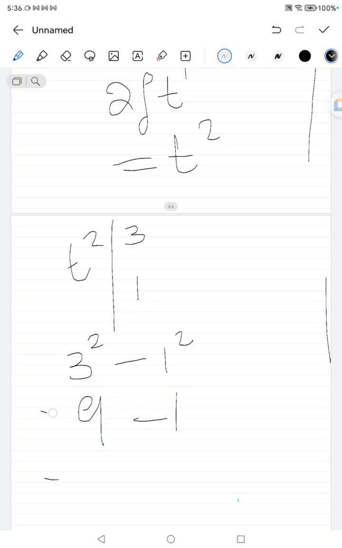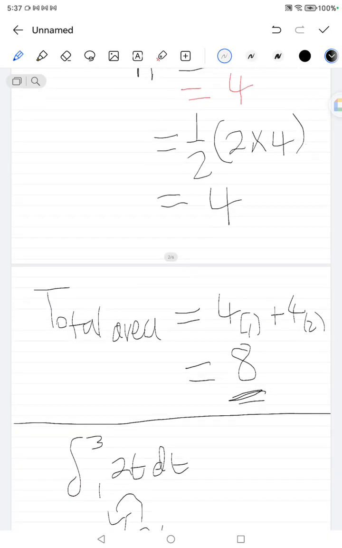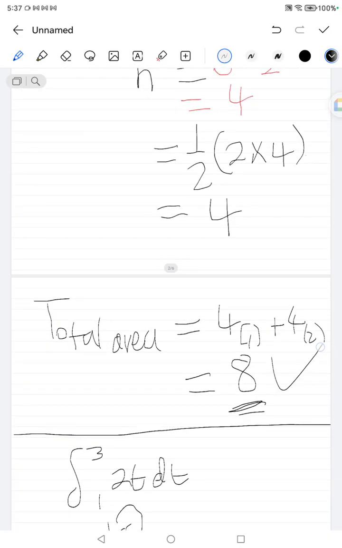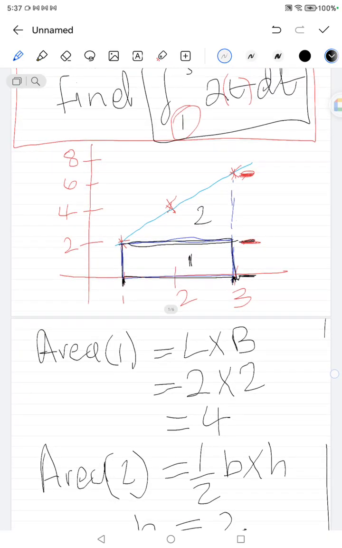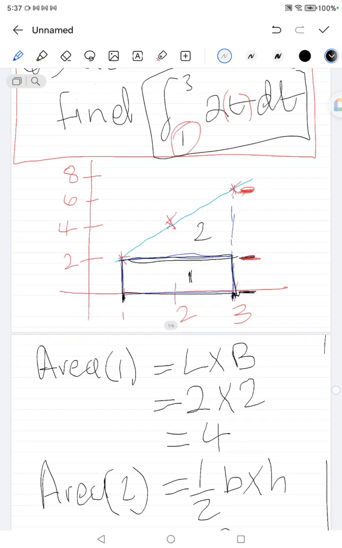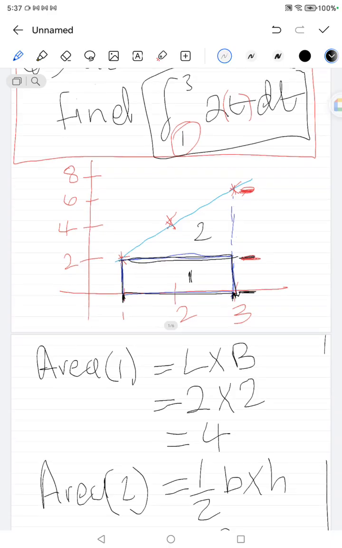Then you still get to the same answer, that it's your 8. So we got the 8 this side, and when we were using the method where we had to do the shapes, you also get 8. So whatever method you feel comfortable with, you can use it. Or even if you're fast enough, you can use both and verify.